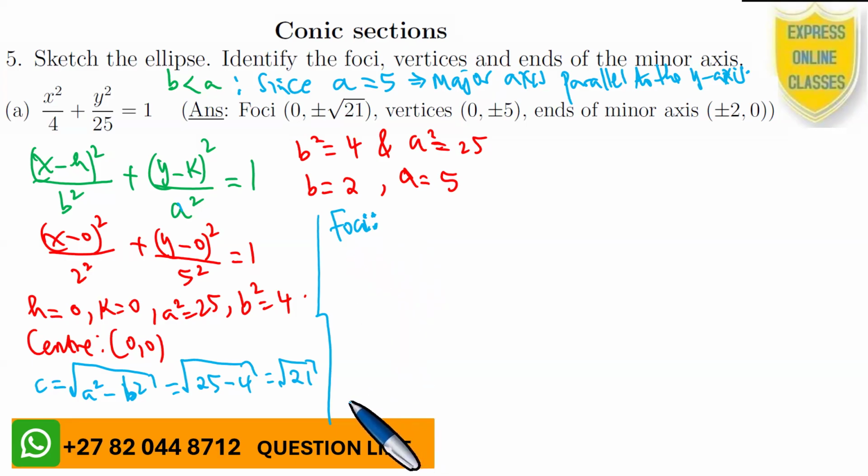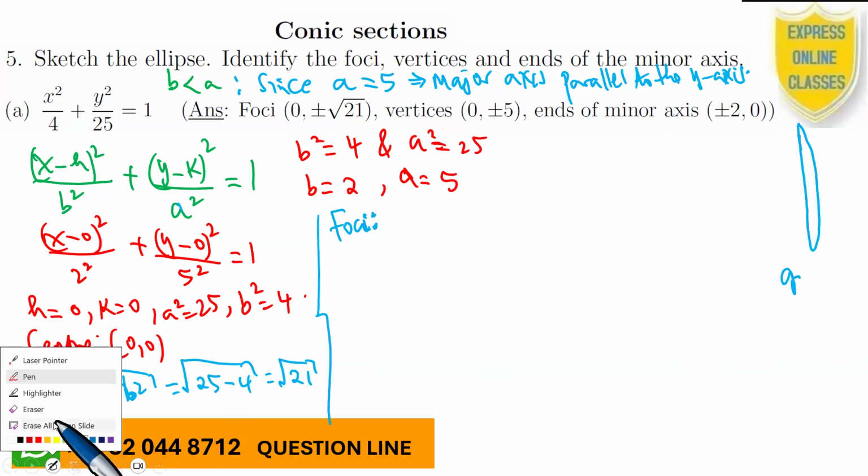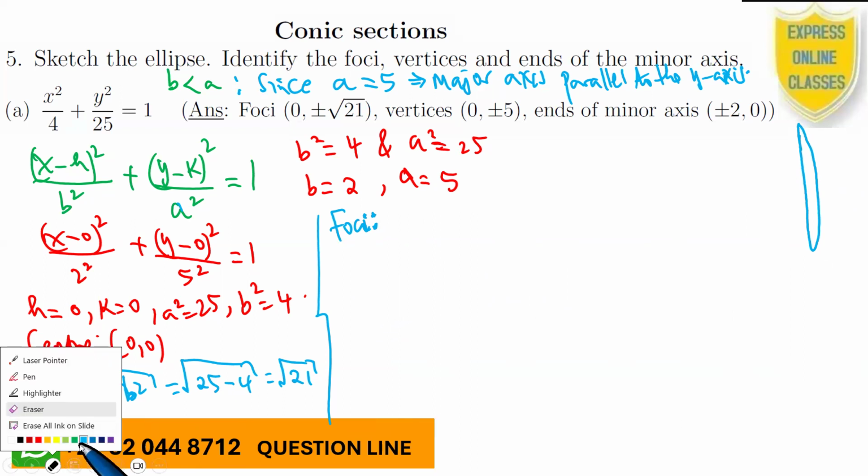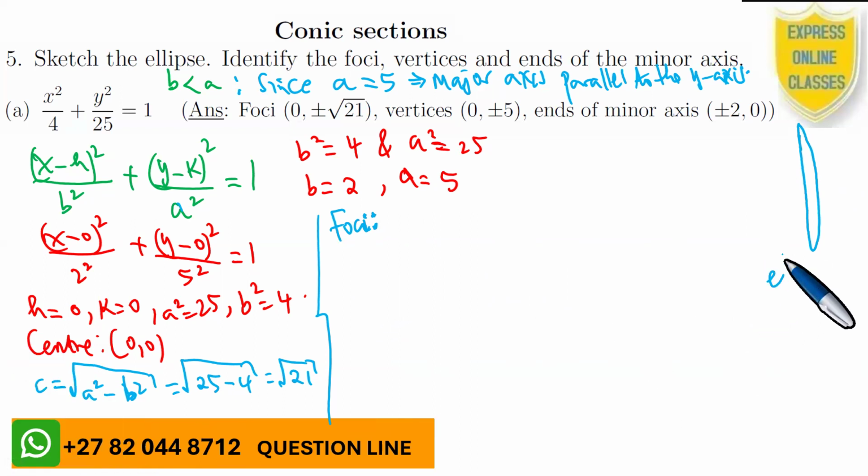Okay. So why do we have the foci? Because if the major axis is parallel to the y-axis, it's going to be longer like this, the ellipse. Okay, it's going to be longer like that, vertically. If it's longer this way, then you take the center, and then vertically you add or subtract the c.